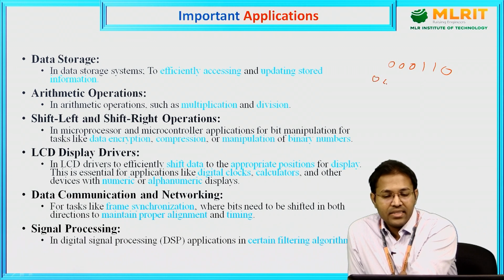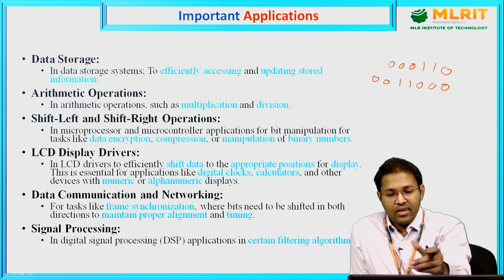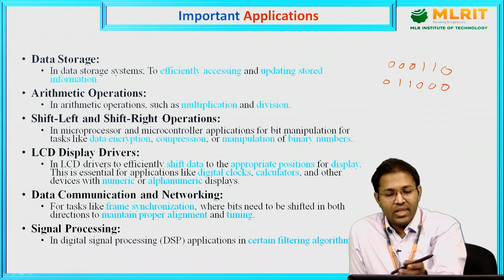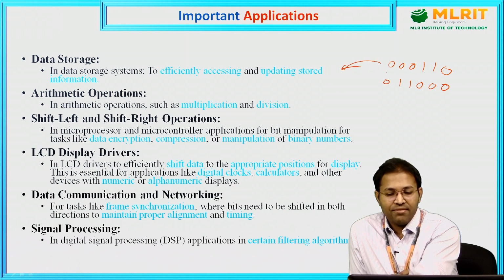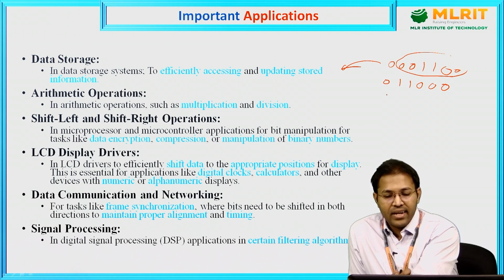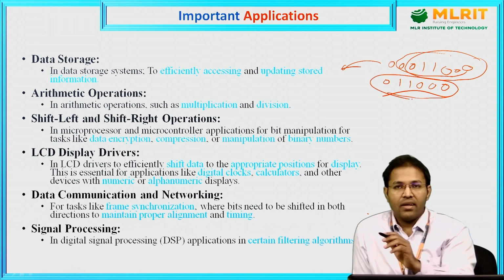Another data that you have received is something like this. It appears that both these data are different, but when you actually shift them, for example, if we shift this towards left, what you can identify is actually the same pattern is being repeated here also. One more shift, what you can identify, the same pattern is being shifted here.